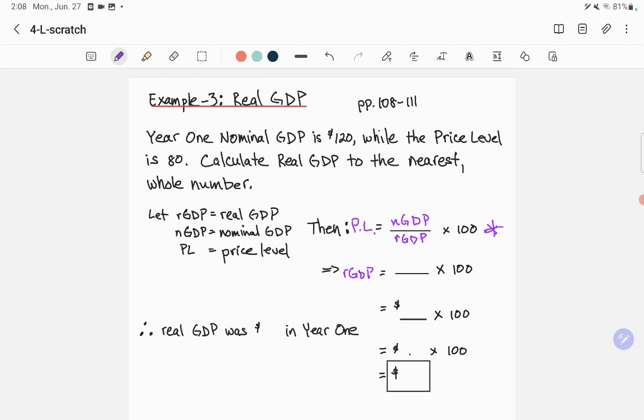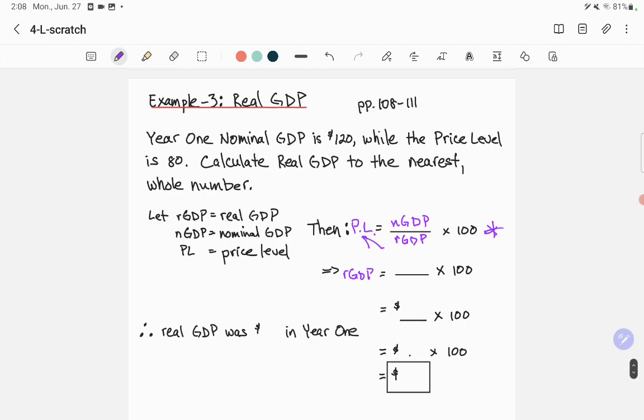So, real GDP is equal to, well, multiply, divide. Now, does that make sense? Real GDP is going to equal the nominal divided by some number and multiplied by 100. Does it make sense?